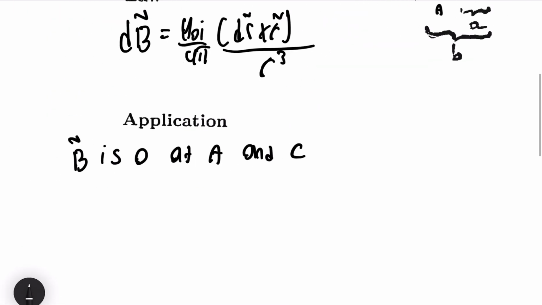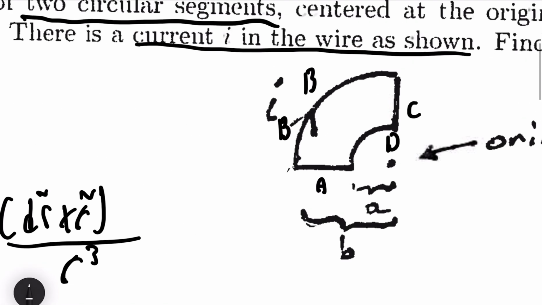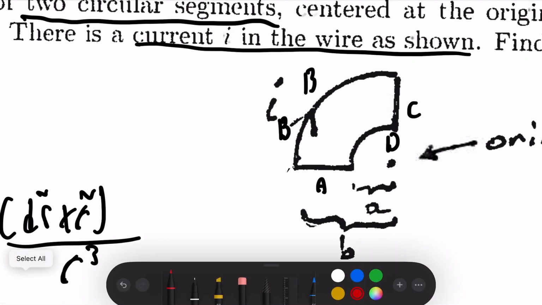So I'm going to start with B. At segment B, I have my ds going along the arc, so ds is going this way, and my r is going this way, pointing to the point of interest.